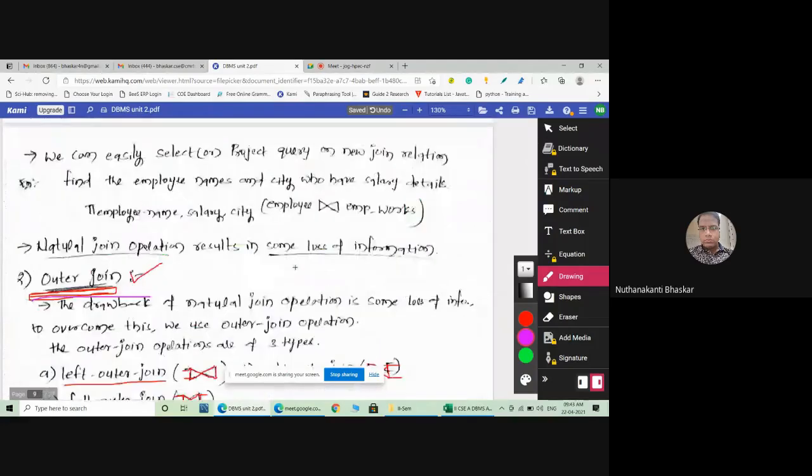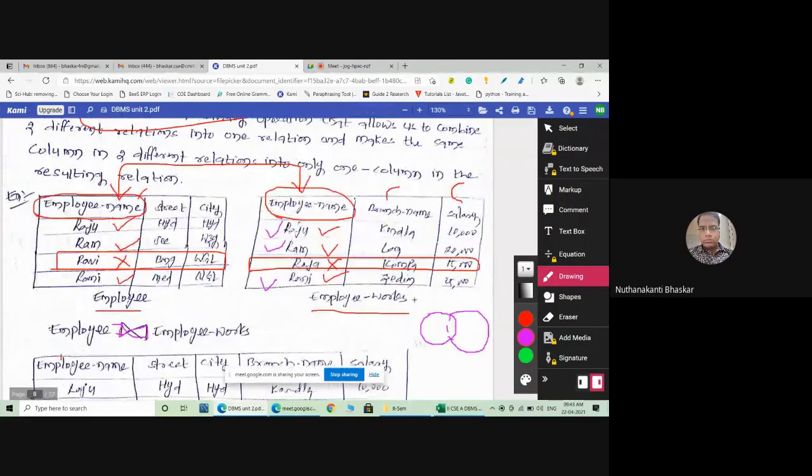The problem is that there are two tables, employee and employee works. The employee table does not have the salary attribute, and employee works has only the salary attribute and not the city. Now I want to display the employee city for those having salary above 15,000. City is in the employee table, but salary is in the employee works table.